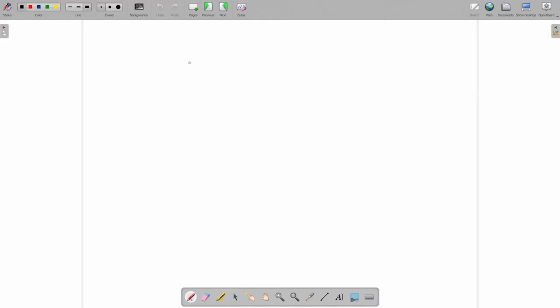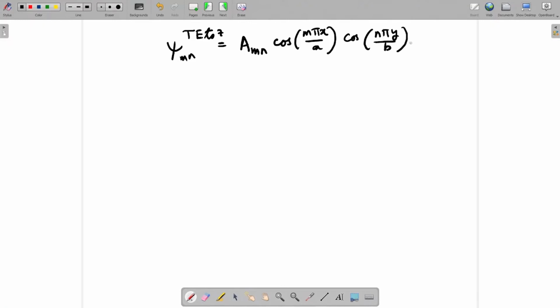So, for that we consider the psi function for the TE to z mode. We know already that it is given by A mn cos m pi x by a cos n pi y by b e to the power minus j k z z.